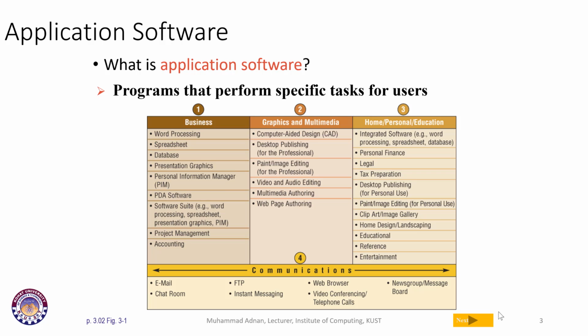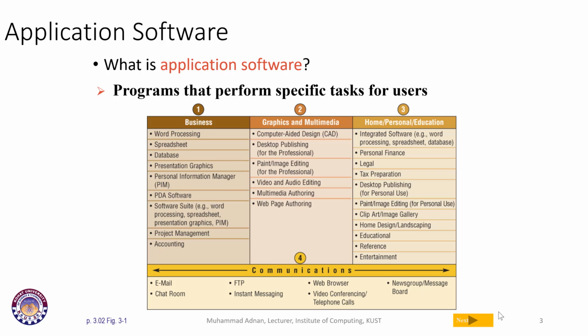Then there are different types of application software for image processing, graphics, and multimedia, like computer aided design, desktop publishing for the professional, paint, image editing for the professional, video and audio editing, multimedia authoring, web page authoring. All these are under the category of graphics and multimedia.